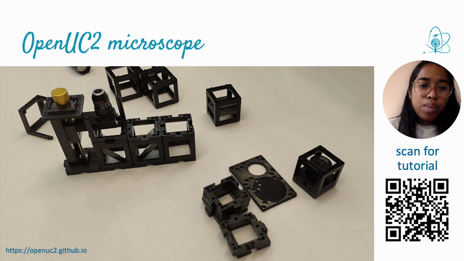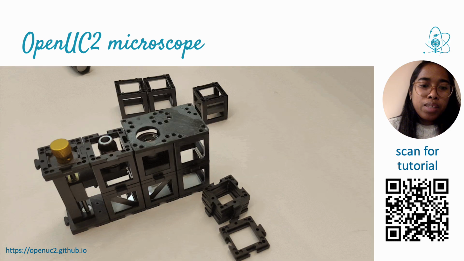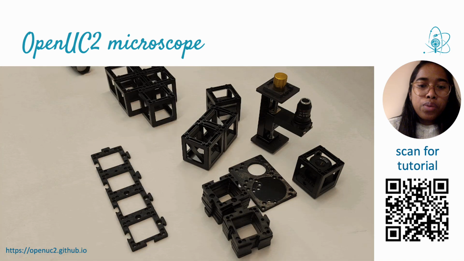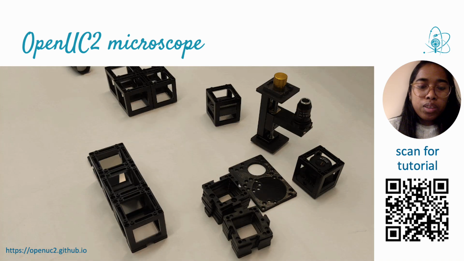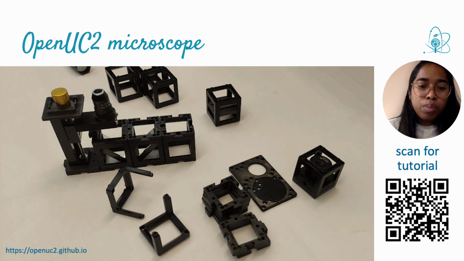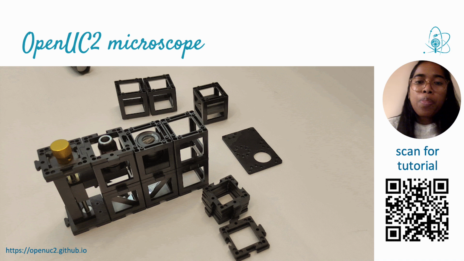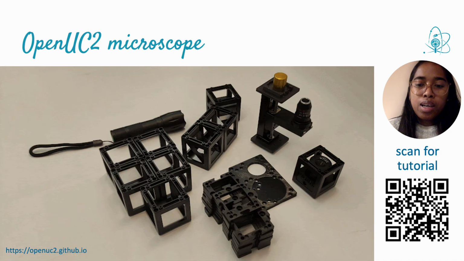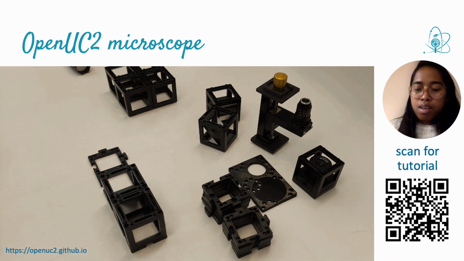Like here, for example, the objective needs to be, the gray one needs to be up, and for the tube lens and the eyepiece, they need to have a particular direction. So further tutorial can be viewed in this link.